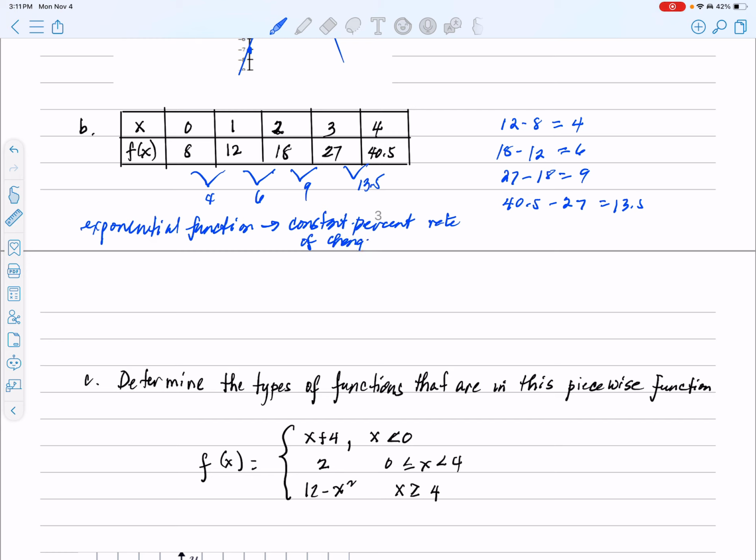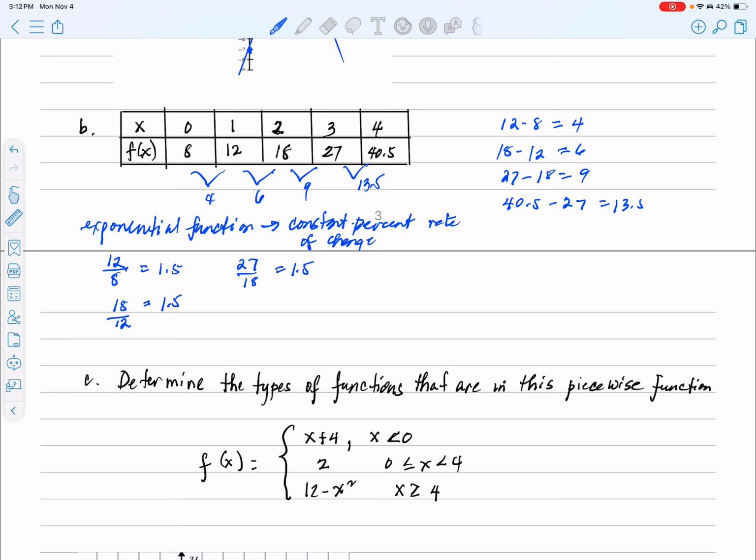All right. So what we're going to do here is to get the rate of change for exponential. We divide 12 divided by 8. It is 1.5. 18 divided by 12, that's 1.5. 27 we divide by 18, we get 1.5.